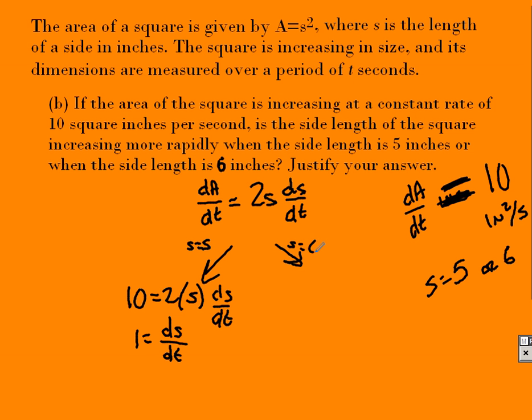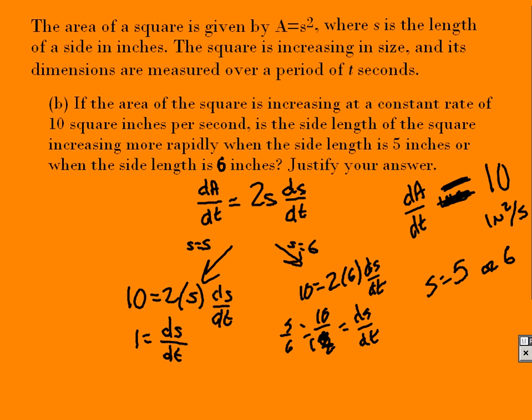When side length is equal to 6, we'll have the same thing. It's still 10, equal to 2 times 6 ds dt. So when I do that division, 10 over 12, which is the same as 5 over 6, is equal to ds dt.